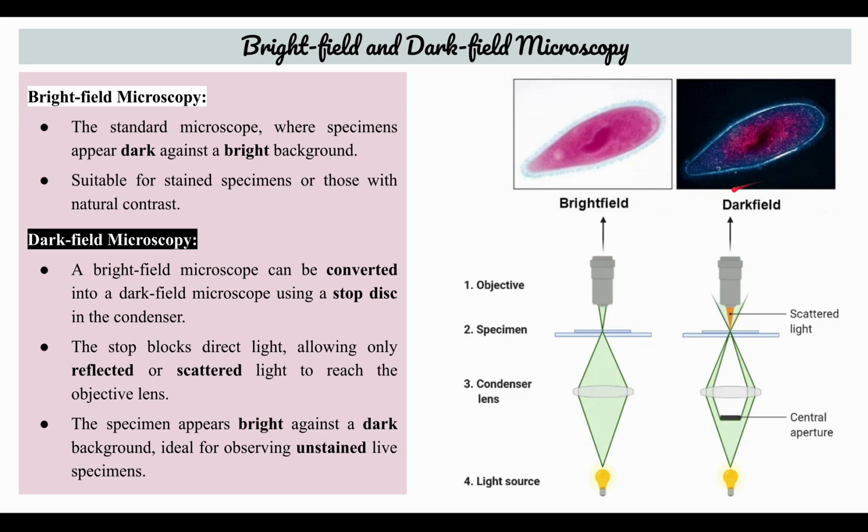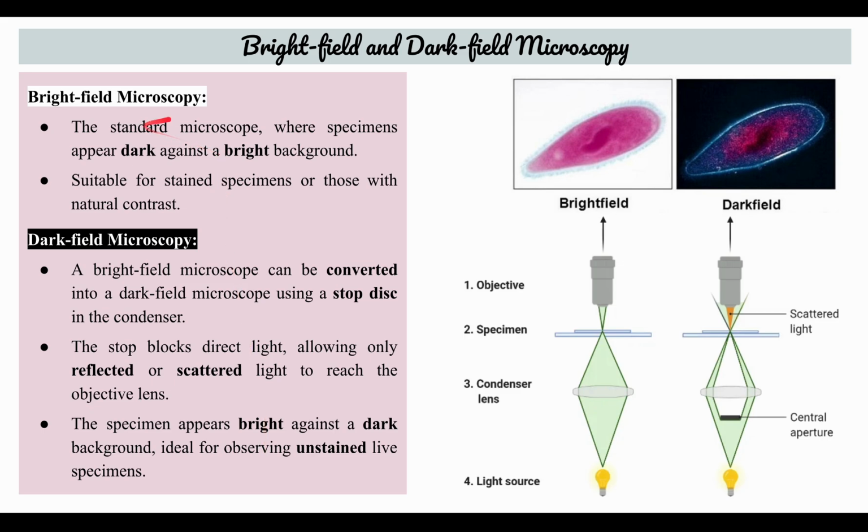So the background appears dark and the specimen is illuminated. So the specimen appears as a bright object. The stop disc blocks the direct light, allowing only the reflected or scattered light to reach the objective lens, and the specimen appears bright against a dark background, and it is generally used for unstained live specimens.